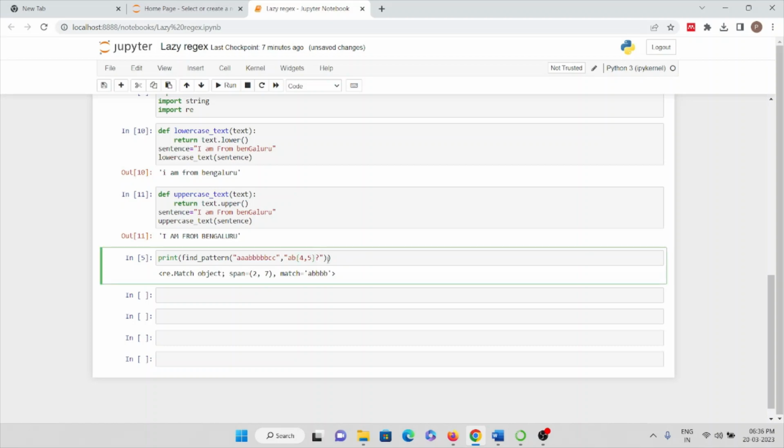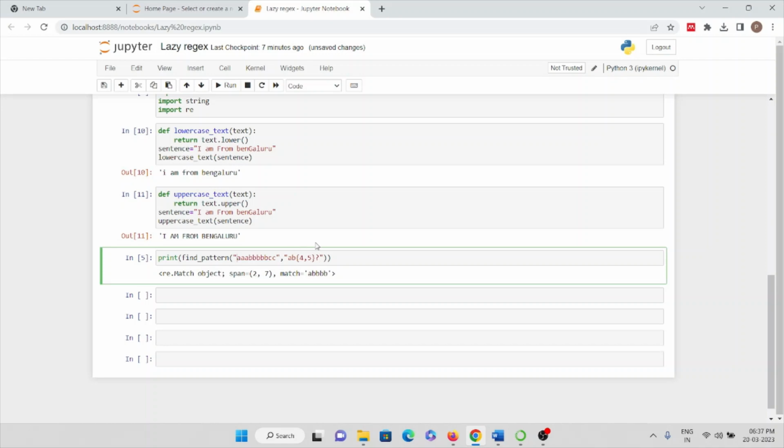Suppose you give the question mark, whatever number you give here, whether 3 times, 4 times or 5 times, it will match A followed by B. Here I have given 4, 5, and the question mark. That's the reason the match is A followed by B 4 number of times, and the span is between 2 to 7.